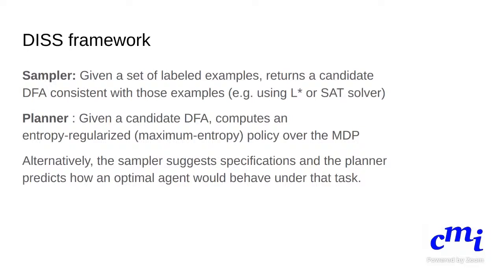L star makes observation tables mainly with the membership queries, and from those observation tables we know how to make a DFA consistent with the observation table. That's what the sampler does. This part can be done manually as well, or with a SAT solver.